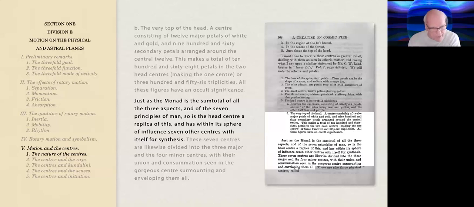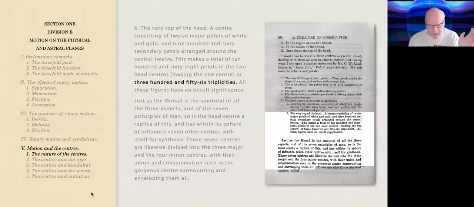So here we learned that the head center is a kind of energetic outpost for the influence of the monad in the 3 worlds of human endeavor, and that it is, just like the monad, a synthesis of the 3 aspects. Hence, DK dividing the head center petals into 3 divisions.